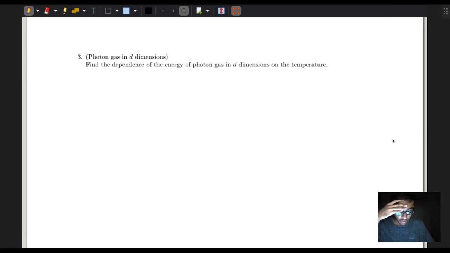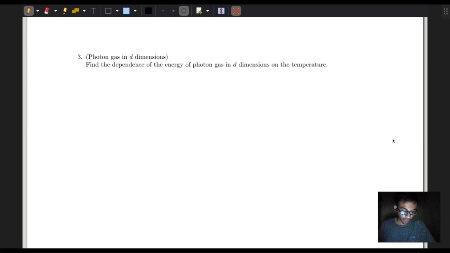So what we discussed just now is in 3 spatial dimensions. What we're interested in is how the total energy of a photon gas, or a box of photons kept at temperature T, depends on the temperature.